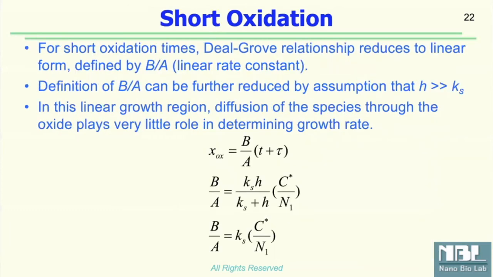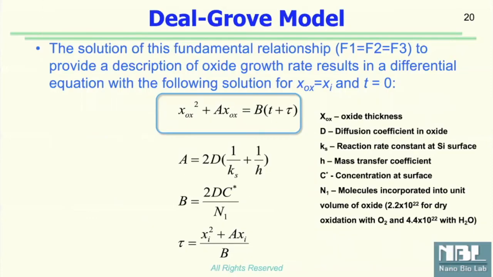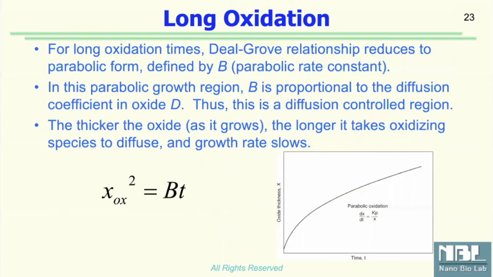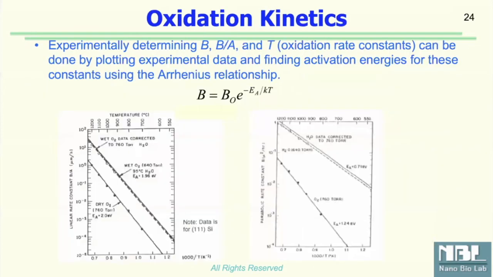So how do we find these parameters, B over A and the others given here? We get these numbers experimentally. There is experimental determination where we can plot the experimental data and then find activation energies. Activation energy involves a special relationship called the Arrhenius relationship, where we take the initial conditions and it has an exponential dependence on temperature.